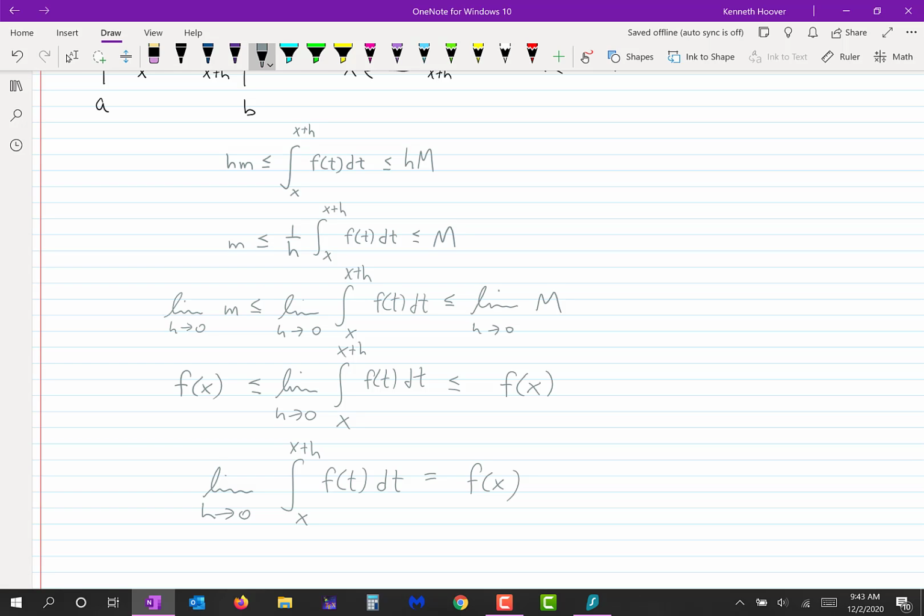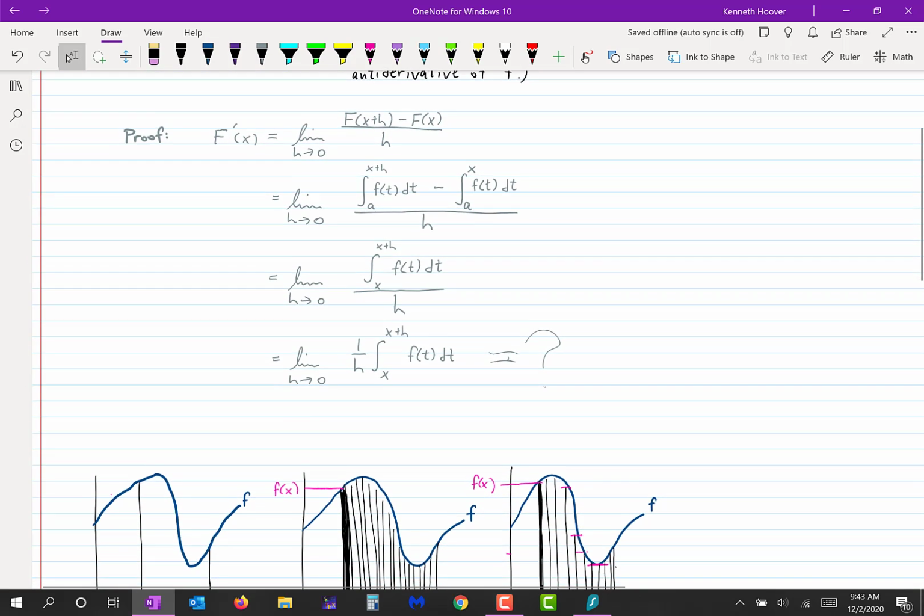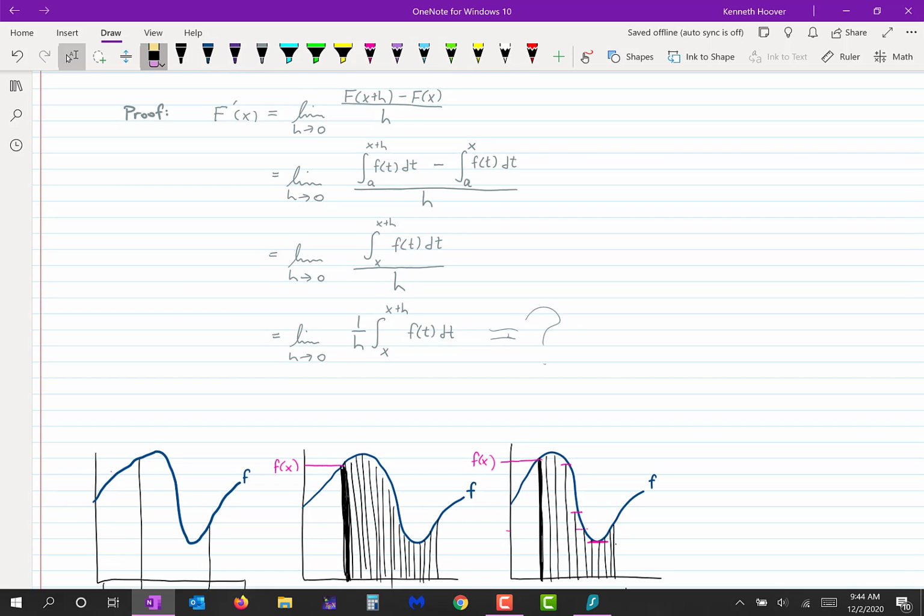So let's scroll back up to where we had left off, up here. And now I can write down that this limit equals little f of x. And that's what we were trying to prove. Capital F prime of x equals little f of x.